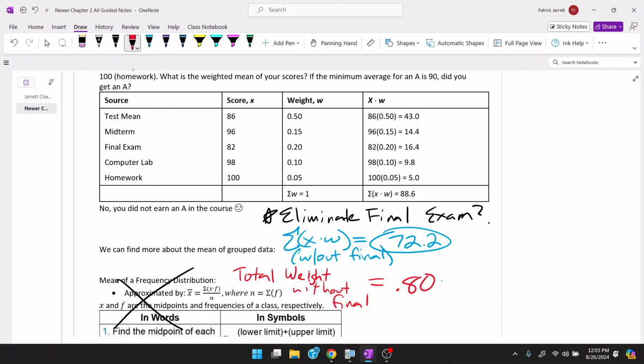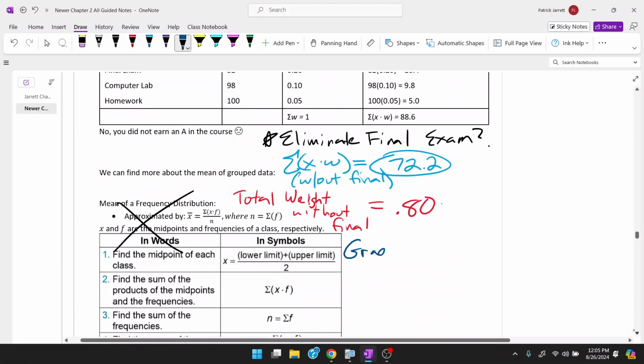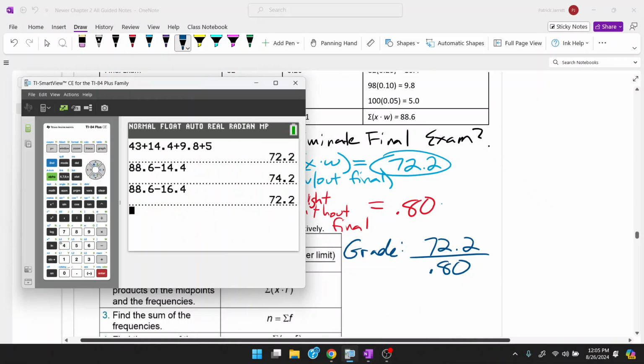Just the way it's going to work. So now you take the grade, 72.2, and divide it by 0.80. And let's see, would that change things?